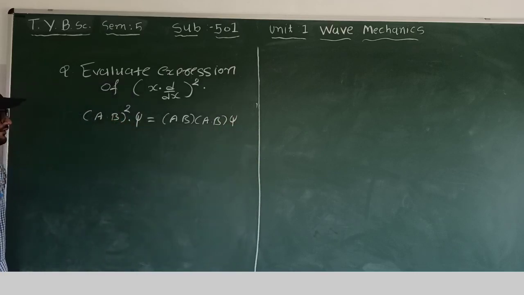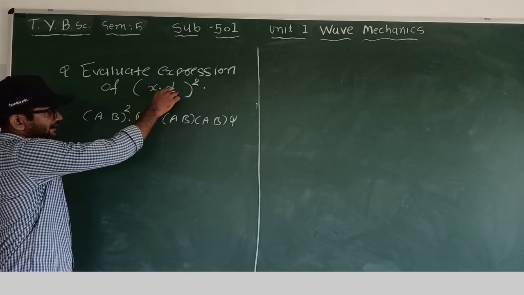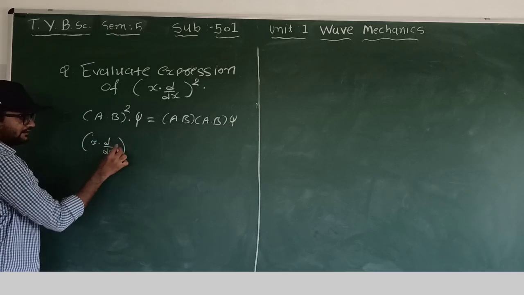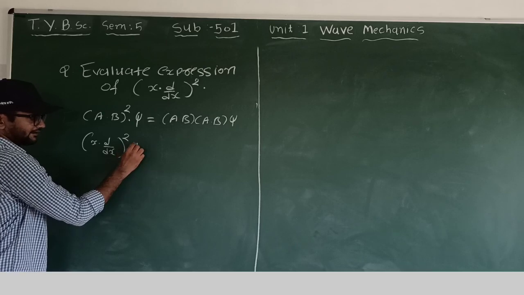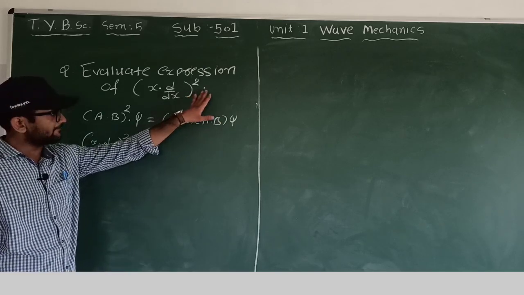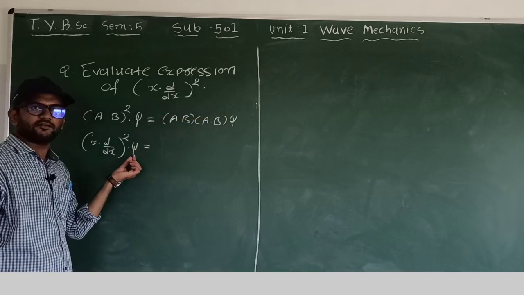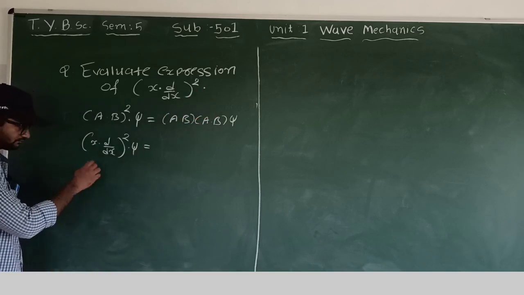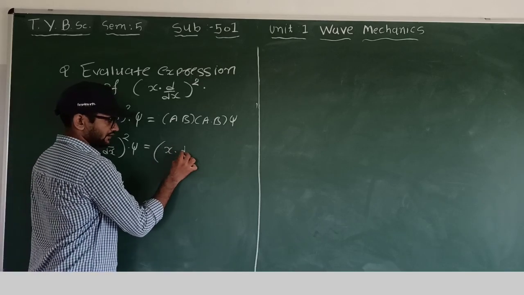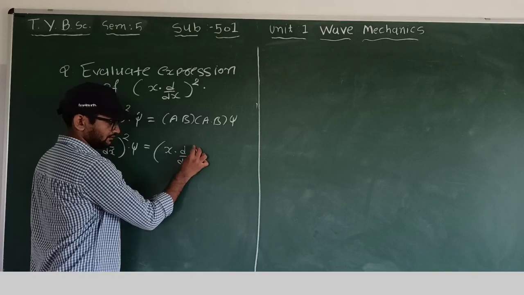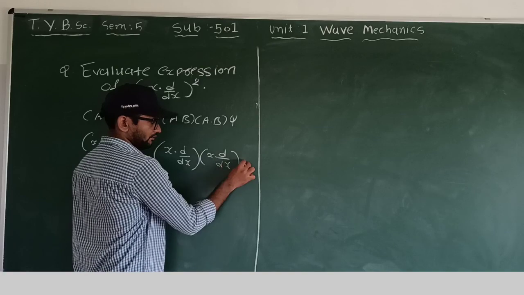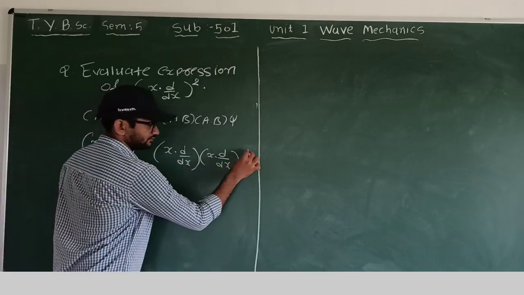So now put the value: (x d/dx) squared means (x d/dx) squared into psi, because in this case function is not given. At that time I will use psi as a function. So (x d/dx) squared means x d/dx, second time x d/dx, into function psi.